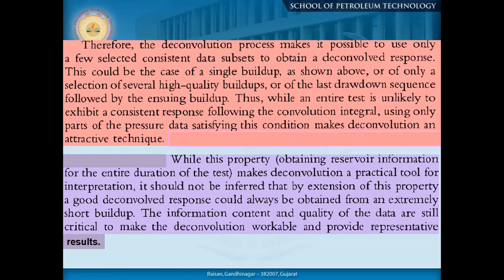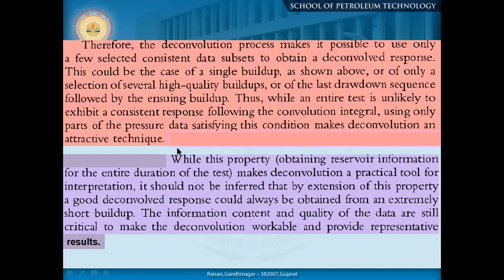What if you perform a repeated test? We'll see that in the next synthetic analysis. While this property, obtaining reservoir information for the entire duration of the test, makes deconvolution a practical tool for interpretation, it should not be inferred that, by extension of this property, a good deconvolved response could always be obtained from an extremely short build-up.